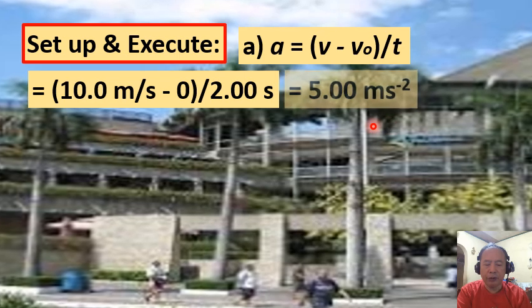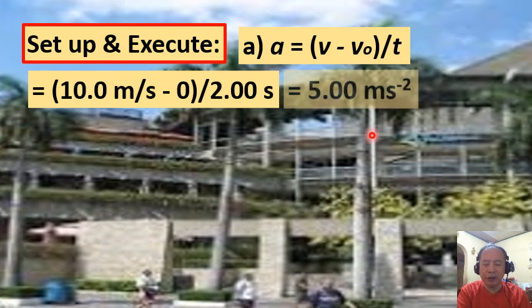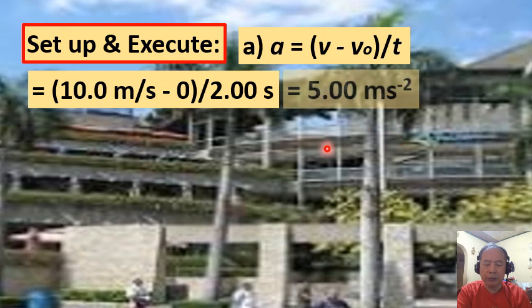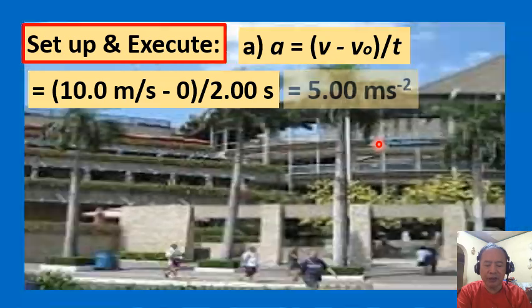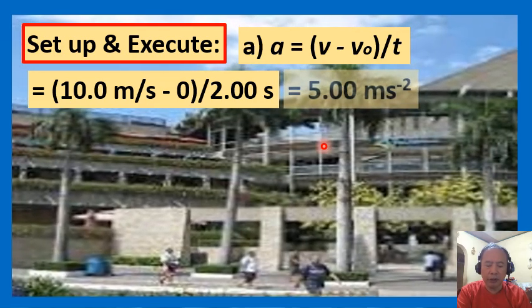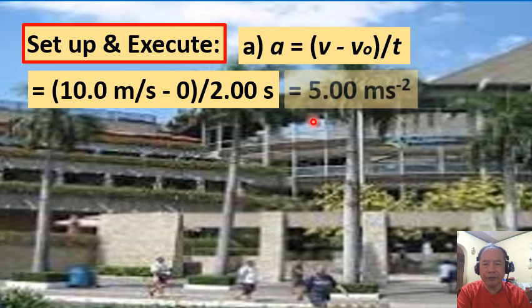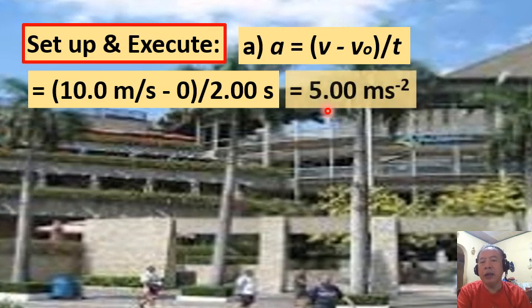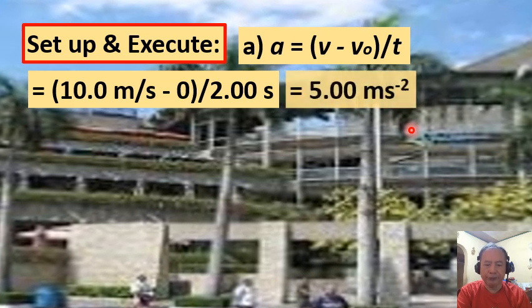This value for the acceleration implies that the sprinter is able to increase his speed from 0 to 10.0 meters per second in just a short period of time, which is 2.00 seconds. So he just accelerates at 5.00 meters per second squared.